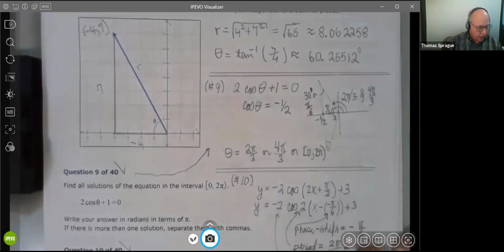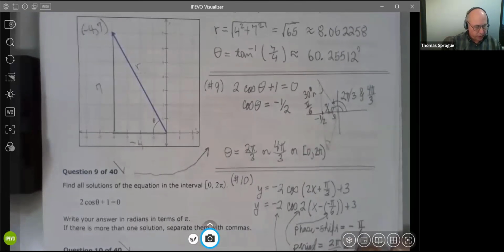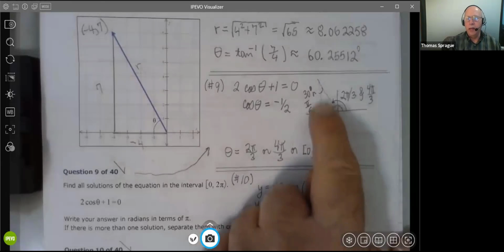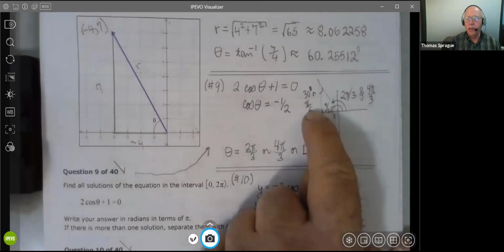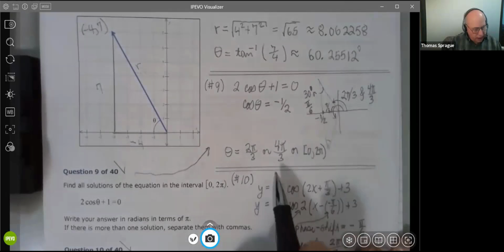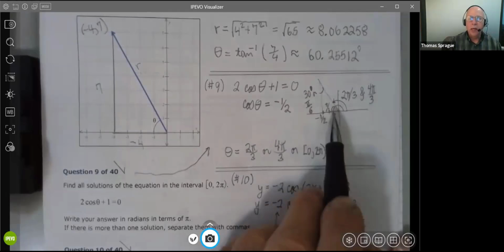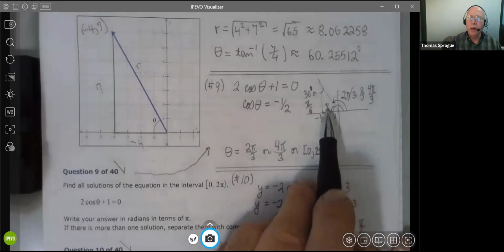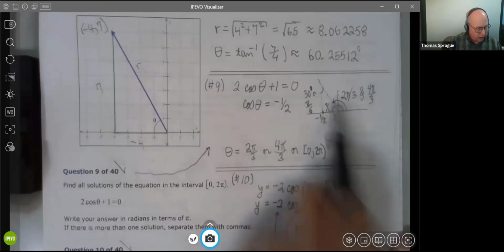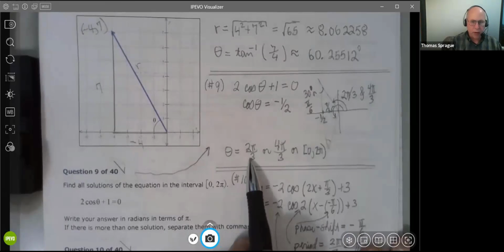And if this distance is half, then you want a 30, 60, 90 triangle. So if this is 60 here, or pi over 3, then this must be 2 pi over 3 out here. So theta is 2 pi over 3.